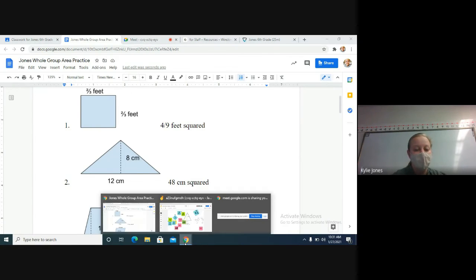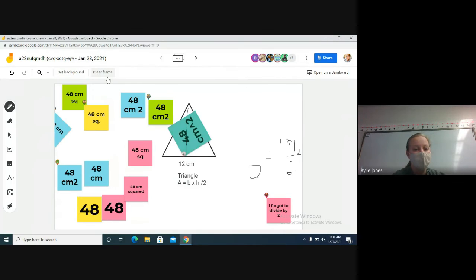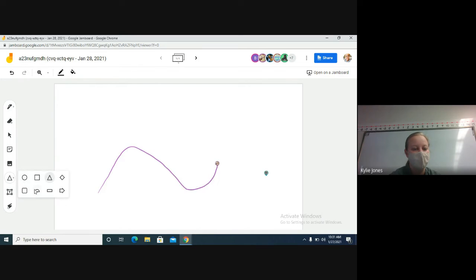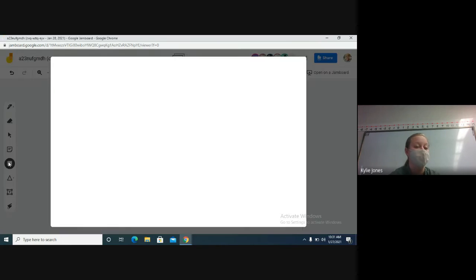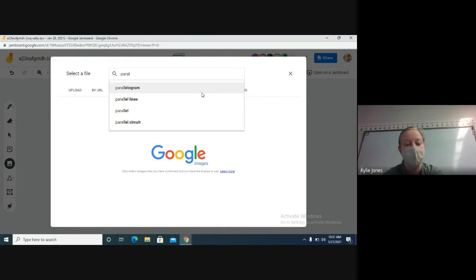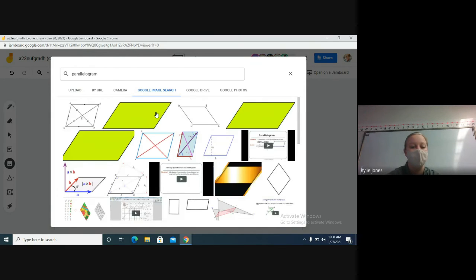While you guys are doing that, I already erased the whole thing. Sorry. Okay, 48 centimeters squared. Again, if you guys are going to be writing on it, we won't use this. Let me get a parallelogram up here for us to do.